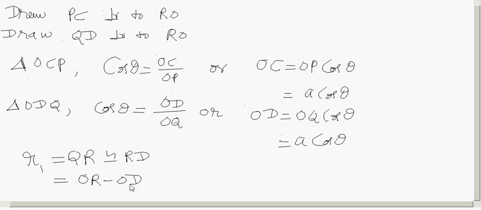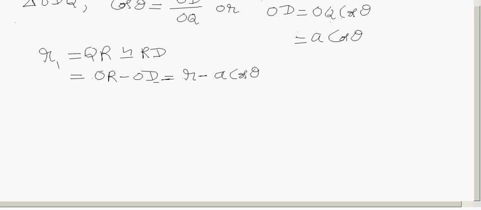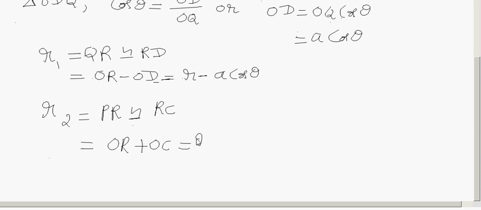So refer to the figure. This is just mathematical calculation. So it is R minus a cos theta. Similarly, you can find R2. Refer to the figure. You'll get R2 is PR, which is approximately equal to RC, and RC you can write as OR plus OC, which is equal to R plus a cos theta.